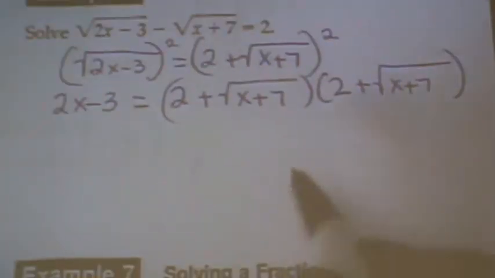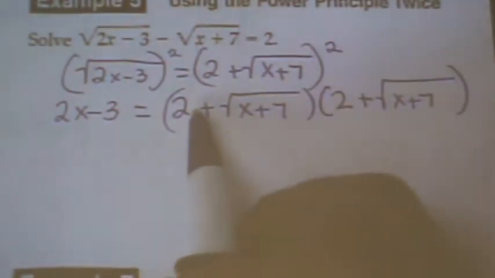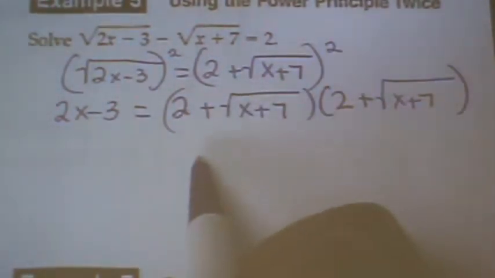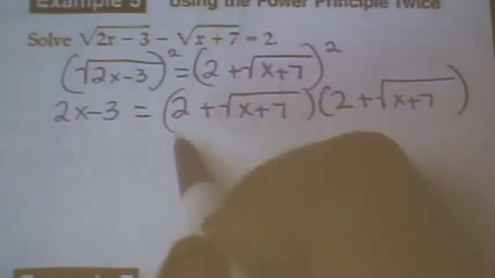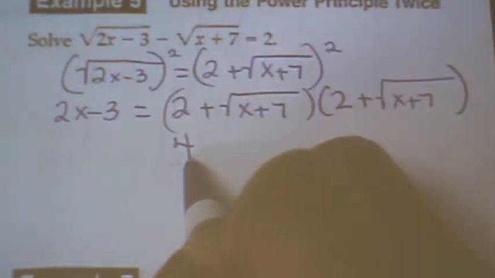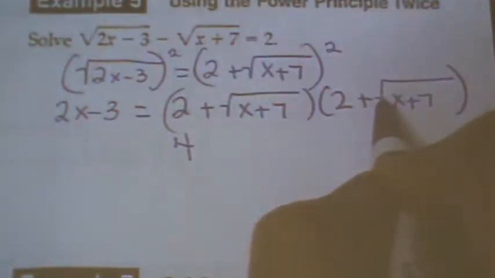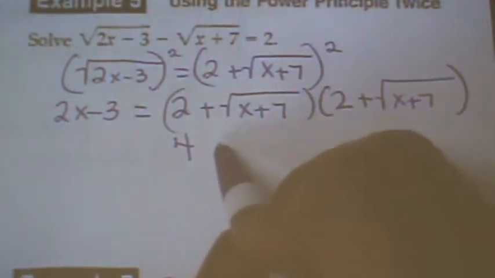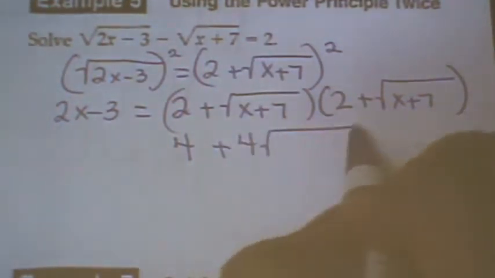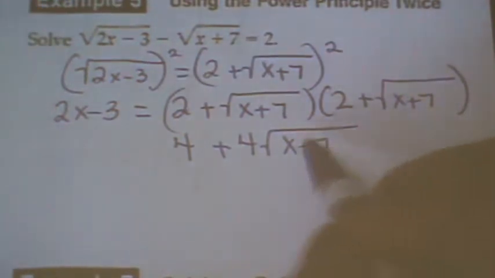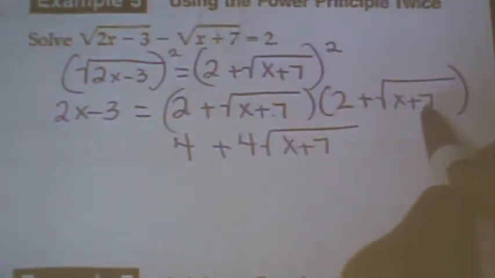We're going to FOIL. This is another thing you need to make sure you know how to do. 2 times 2 is 4. And then you have 2 times root x plus 7 and another 2. Can you do that in your head? 4 root x plus 7. And then what's root x plus 7 times root x plus 7? x plus 7.